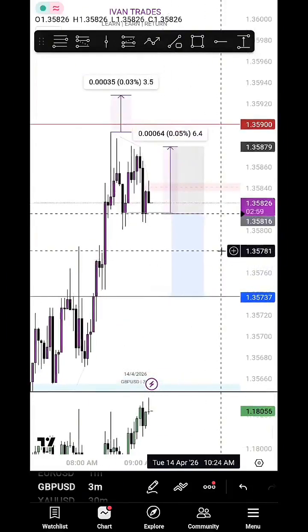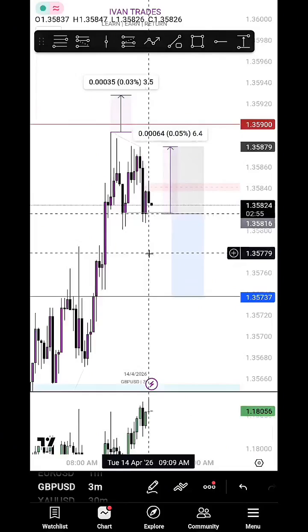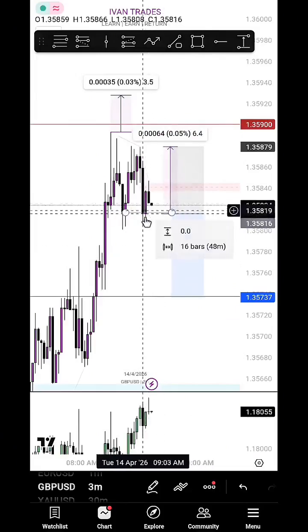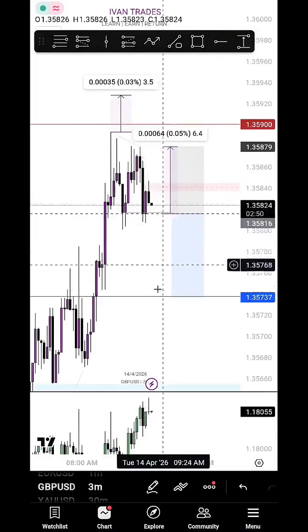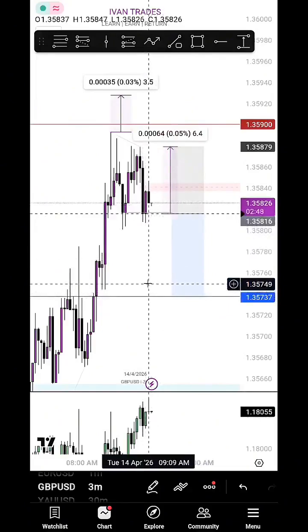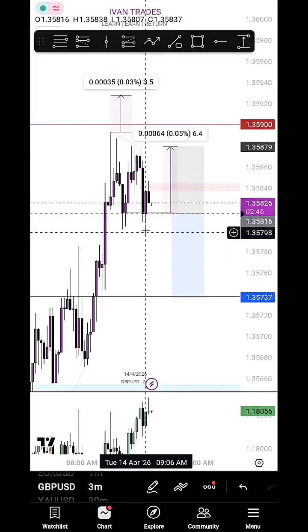If this candle closes and inverses this bearish fair value gap, which was created by 93 candle 2, I will consider this to be just a consolidation.